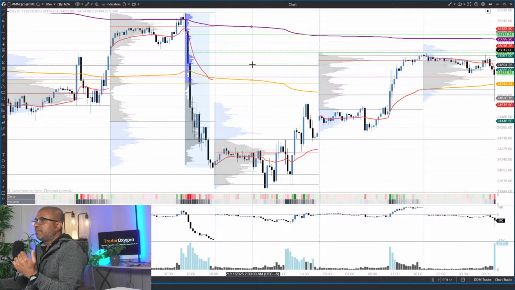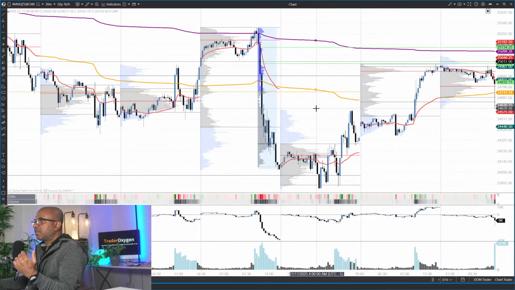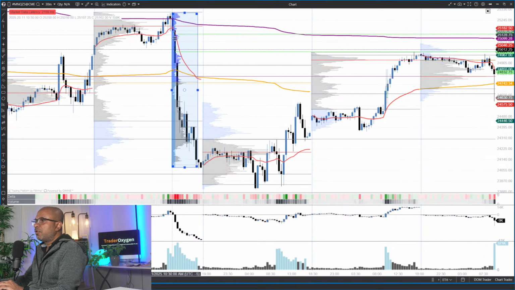However, because the overall market is bearish, and because the price retraced all the way up into this fair value gap area plus these low volume nodes, there was more possibility for the price to go down from here.